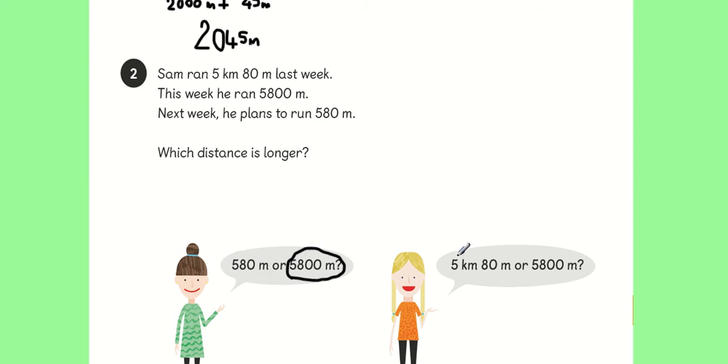Now we need to compare 5 kilometres 80 metres with 5,800 metres. To do this, I think we should put our 5 kilometres 80 metres into just metres. So 5 kilometres is going to be 5,000 metres.